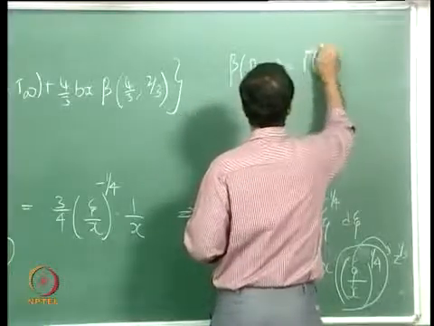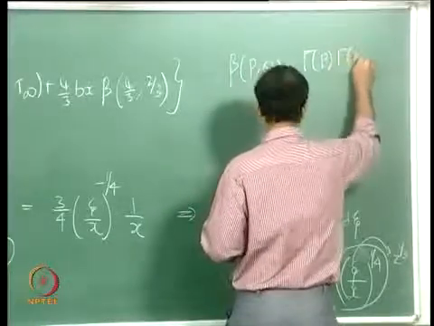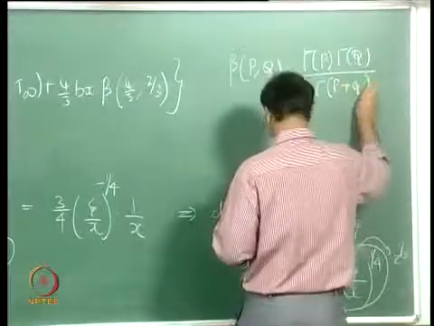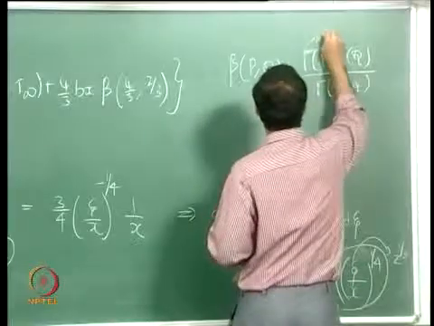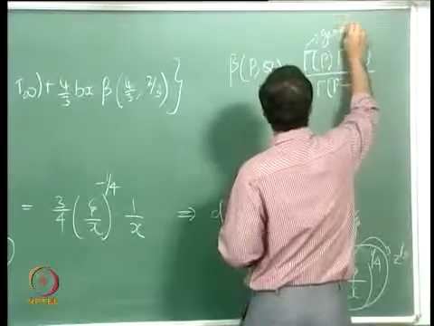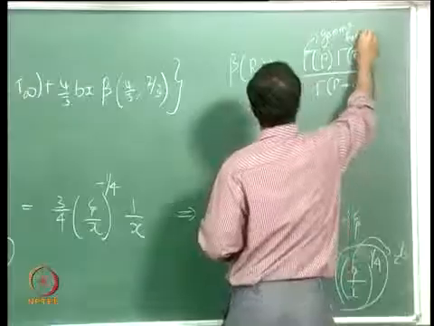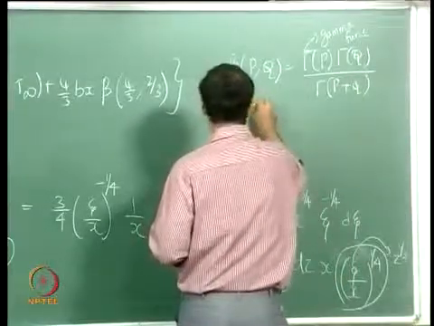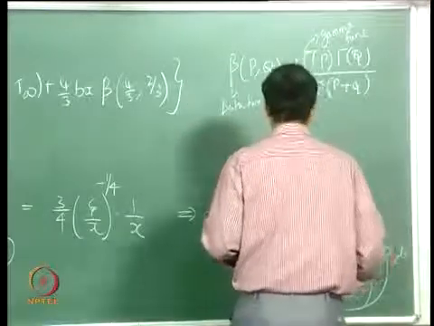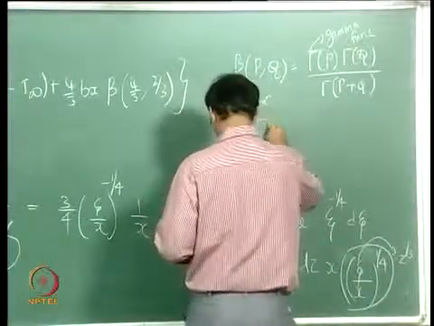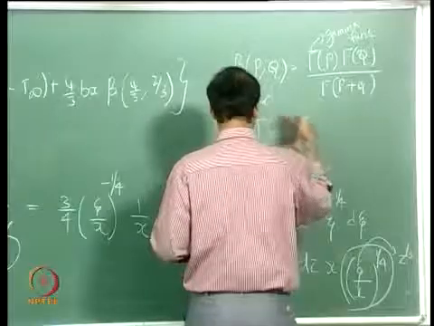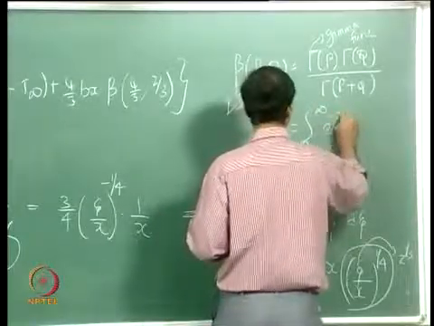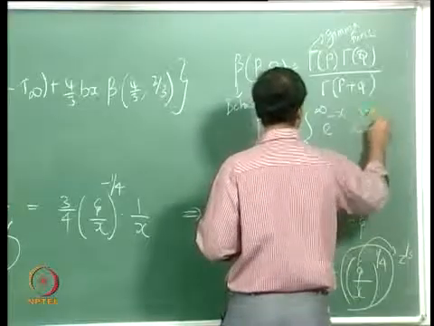This is your gamma function, this is your beta function, where generally the gamma function of some variable s is represented as the integral of e power minus x times x to the power s minus 1 dx.